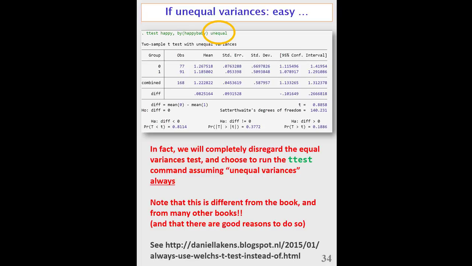And what we found in the last couple of years is that we still get more appropriate results by assuming that the variances are unequal. So we're not messing with the tight versus wide at all, but instead do what we also do when these variances are equal.